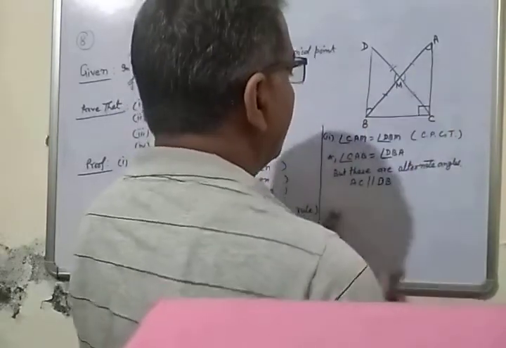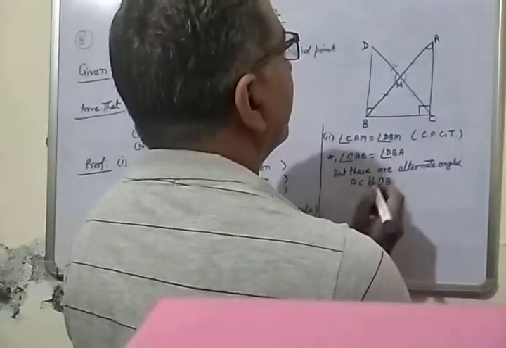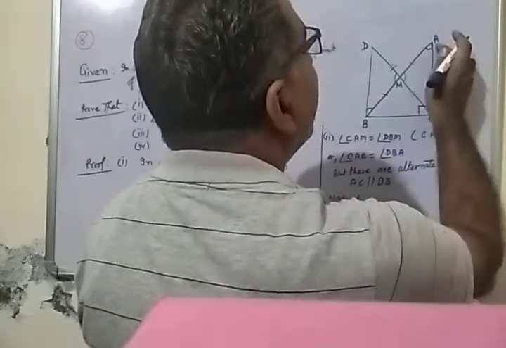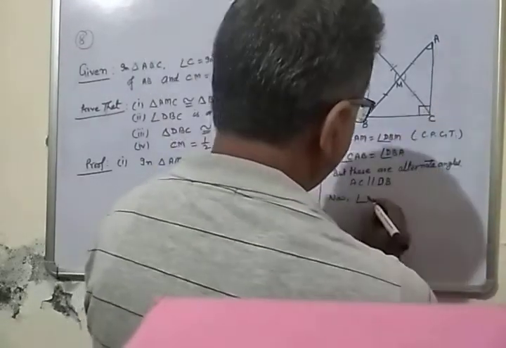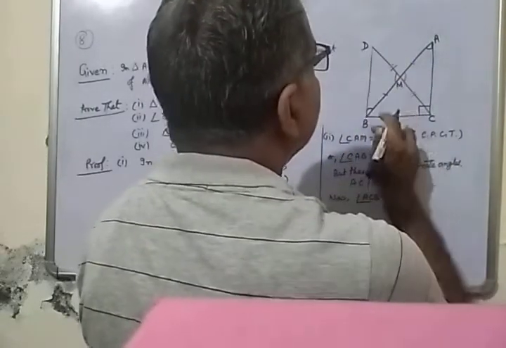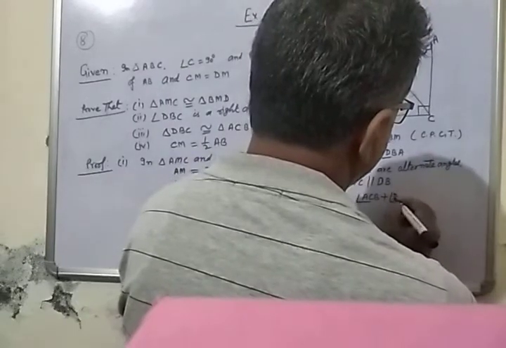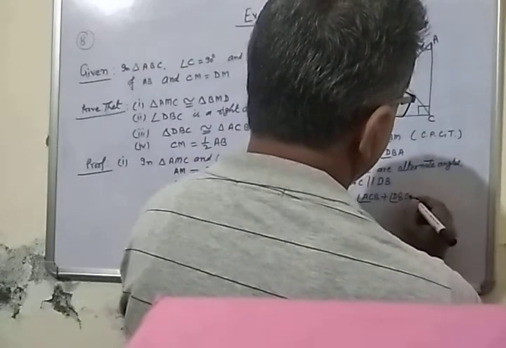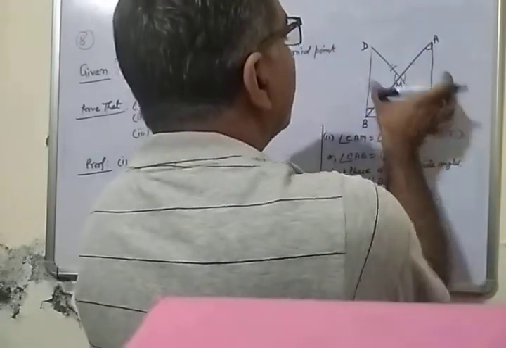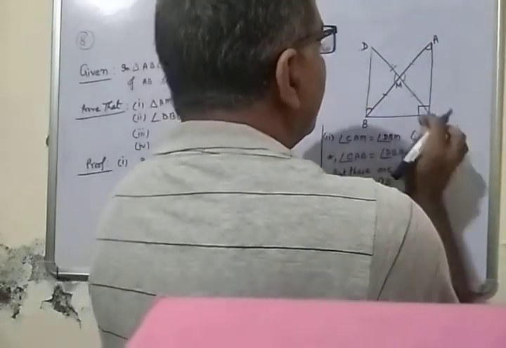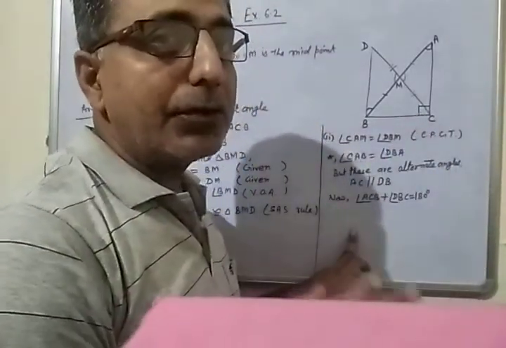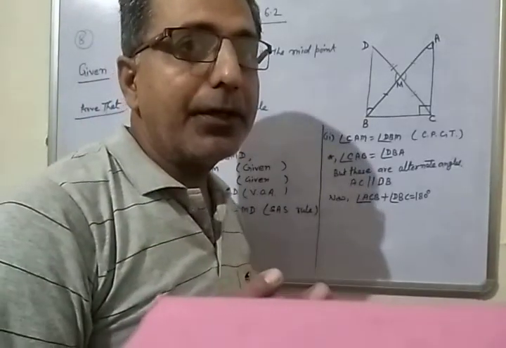Now take here angle ACB plus angle DBC will equal 180 degrees because these are parallel and BC is the transversal.